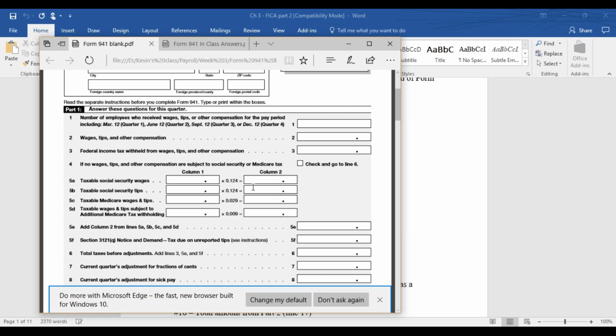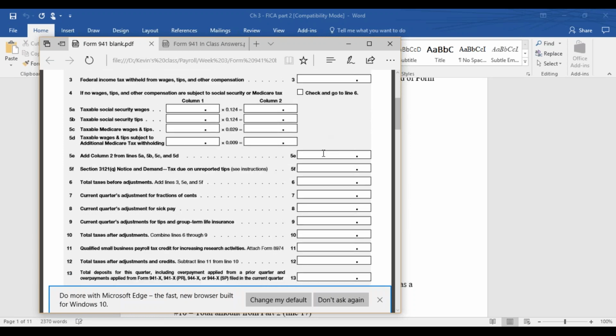The employee rate is 6.2%. Double that is 12.4%, as this one is here. So 12.4%, that's how much total Social Security taxes should have been collected. Medicare, the same, they double the 1.45%. You're going to add up column 2 into this column 5E.